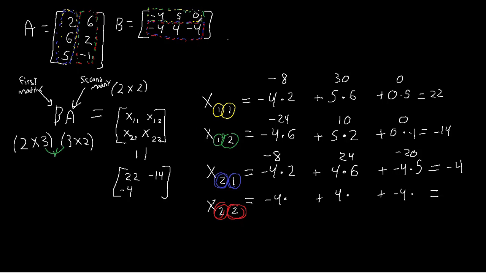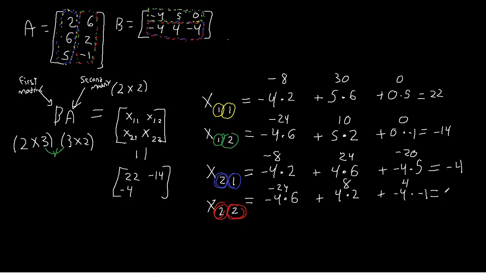Okay, so we start pulling numbers down. The 6, because that's the first element in the second column. The 2, because that's the second element in the second column. And then the negative 1. And so if we do the math, this is negative 24, this is positive 8, and that's going to be 4.